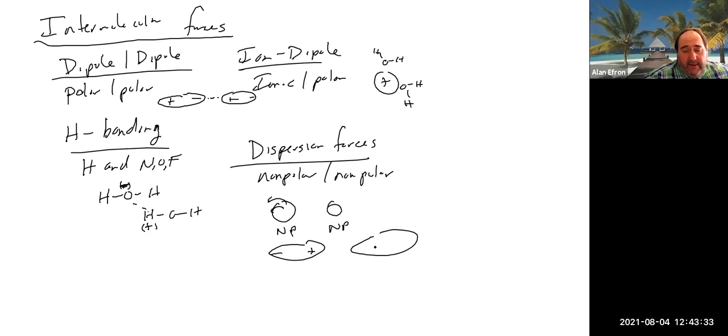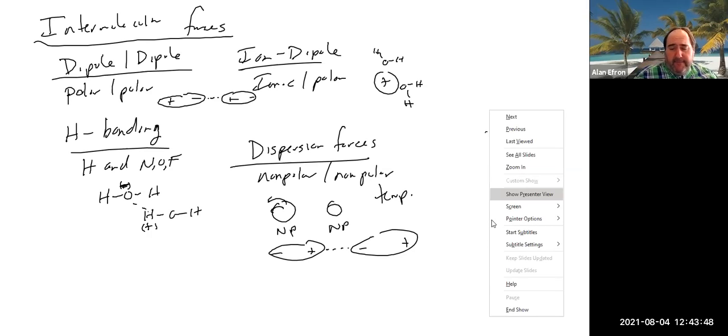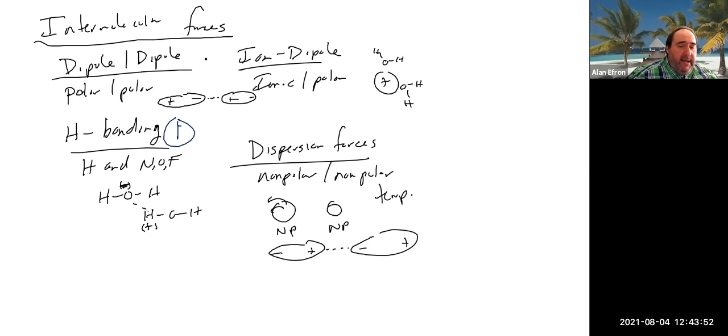And this guy would then also follow suit. Now they have a way to interact with each other through these temporary attractions. In terms of strength of these, as we talked about, this is the strongest, this would be the next, and this would be the weakest out of all of them.